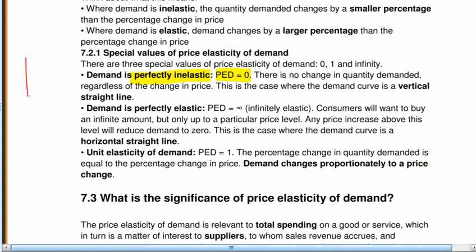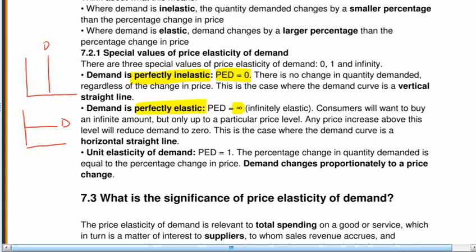Effectively what that means is you have a vertical demand curve. The opposite of that is a perfectly elastic demand curve. And again, these are just theoretical concepts really. But that would be a horizontal demand curve.